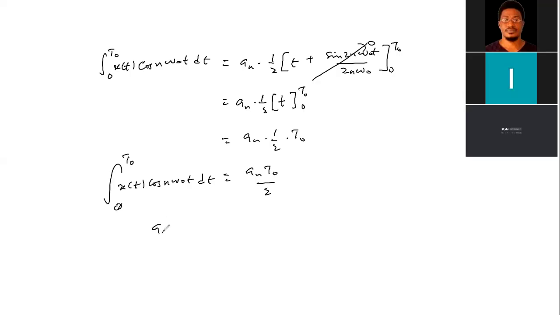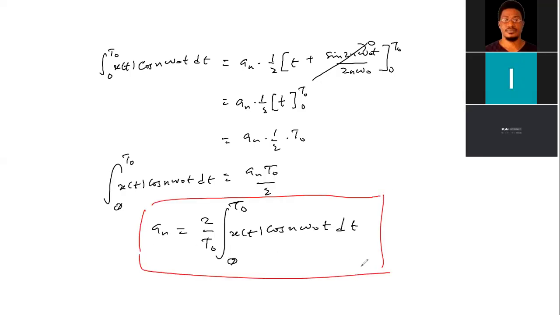So here, a_n will now be the same as 2 divided by T0, right? 2 over T0 times the integral of s(t) cos(n ω0 t) dt from 0 to T0. So once again, we've been able to resolve a_n.